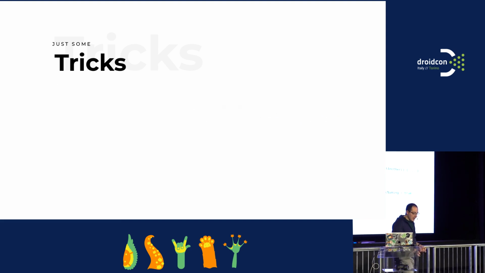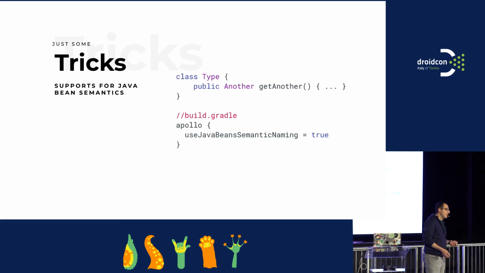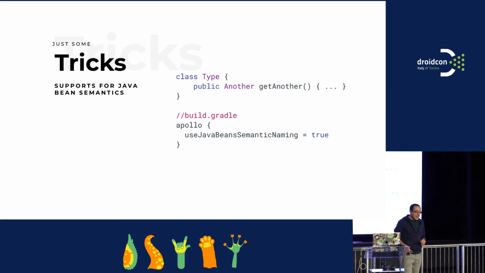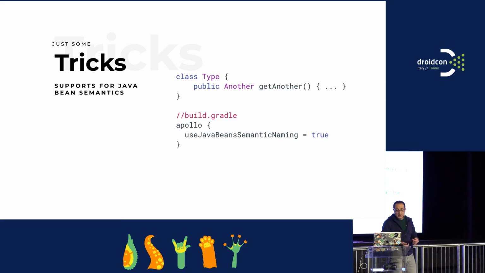And also, if you like getters and setters, because otherwise it will just say another instead of get another, you can enable the Java bean semantics by using another flag in the Apollo lambda in GraphQL.